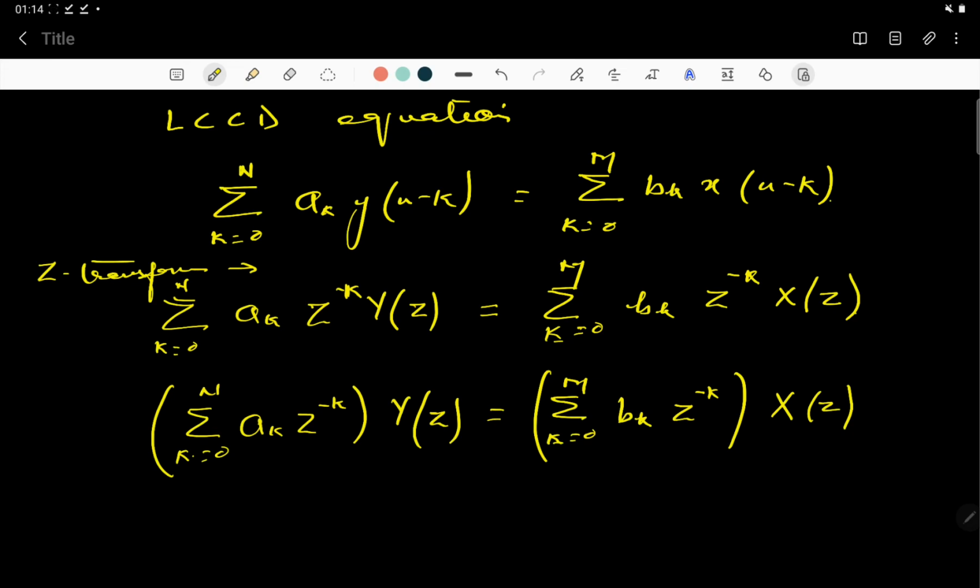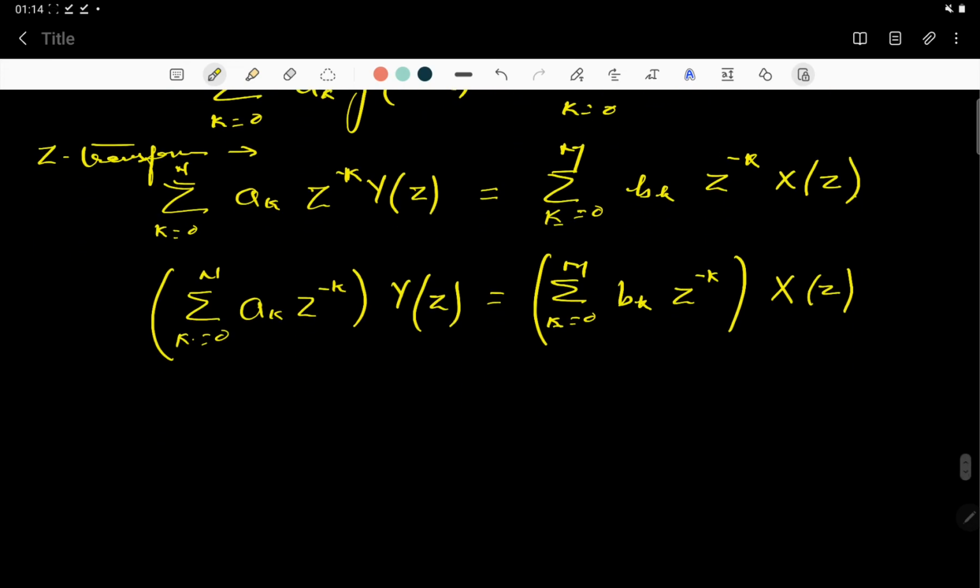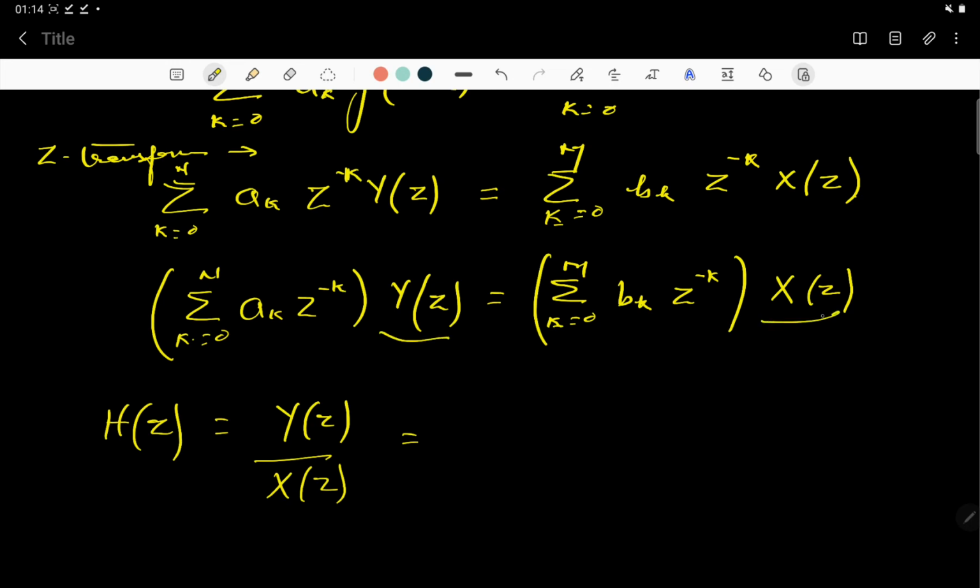Okay, so the system function for the system that satisfies a difference equation of the required form, you can write as H(z). H(z) is simply equal to Y(z) upon X(z), as we have seen earlier, so Y(z) is over here, X(z) is over here.